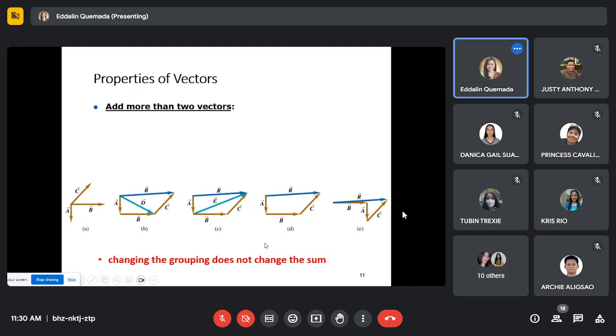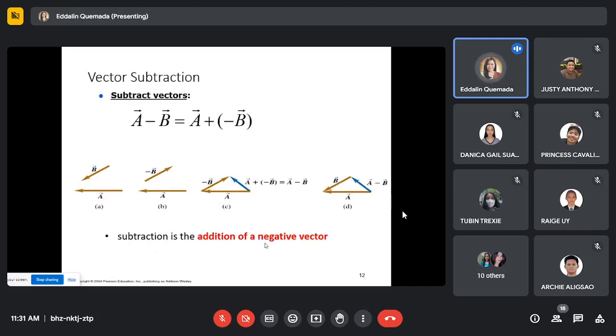So the grouping of vectors does not change the resultant or the overall sum of the vectors. So either unahon nato og group si A ug si B before i-add si C, or unahon nato group si B ug si C before i-add si A, or adunon silang tanan, still ang resultant kay the same. Okay? That's the associative property, class, being shown.